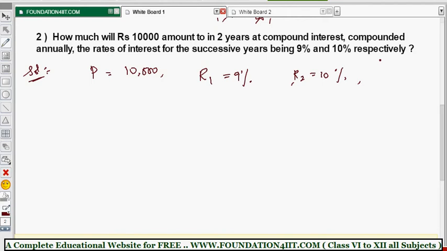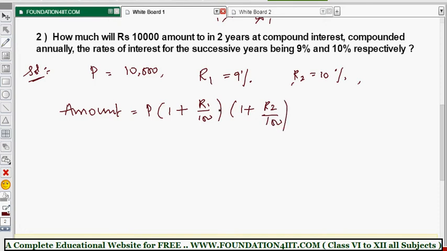Okay, there is no need of taking the N value here because of the formula I explained in the previous video. Amount is equals to P into 1 plus R1 by 100 into 1 plus R2 by 100. Okay, only for 2 successive years.